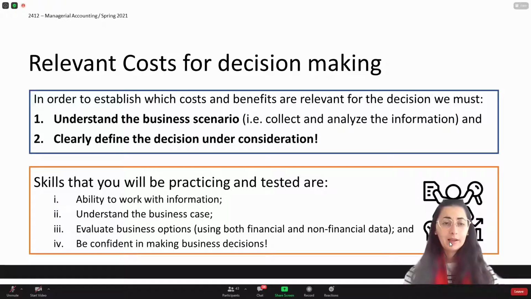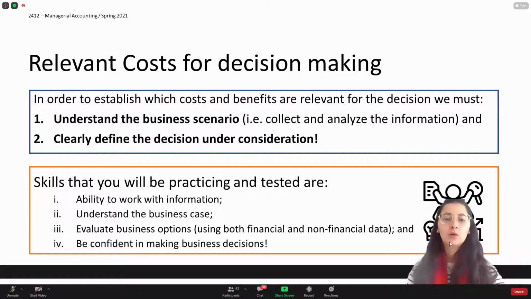So I included here on the slides the skills that we will be practicing with this kind of topic. When we go to job interviews, you can identify these in your CV and in your LinkedIn profile. And if in the job interviews anyone asks, you can say, I practiced this in the course of managerial accounting.